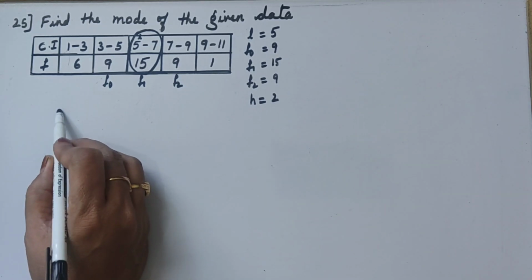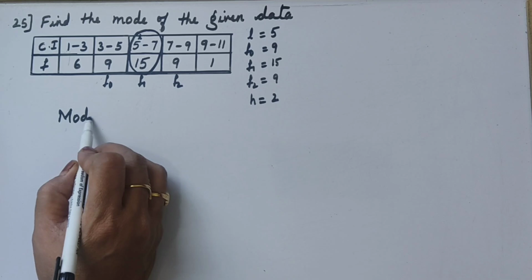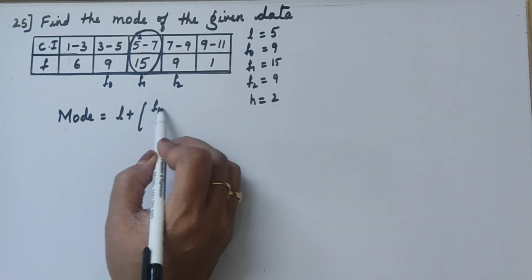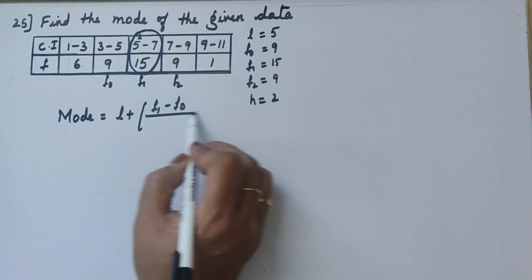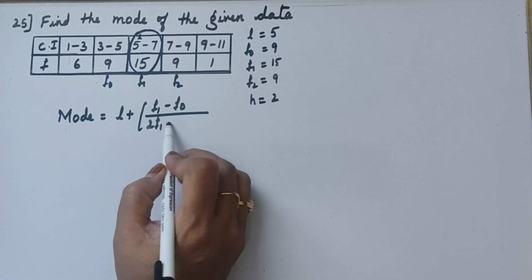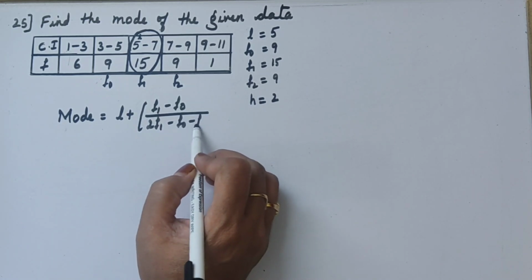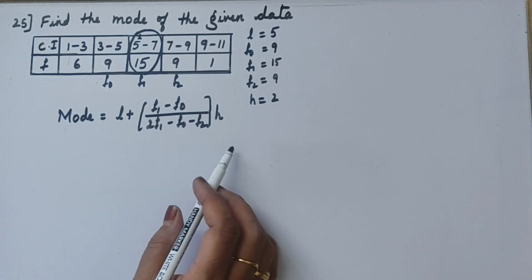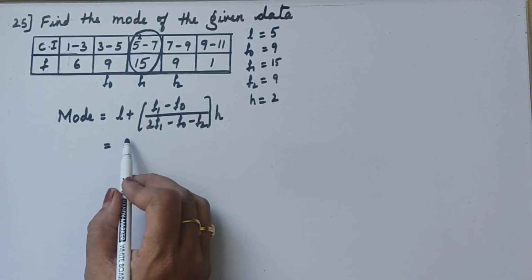Now the formula for mode is mode equals L plus (F1 minus F0) upon (2 F1 minus F0 minus F2) into h. This is the formula for mode. Let us substitute the values.